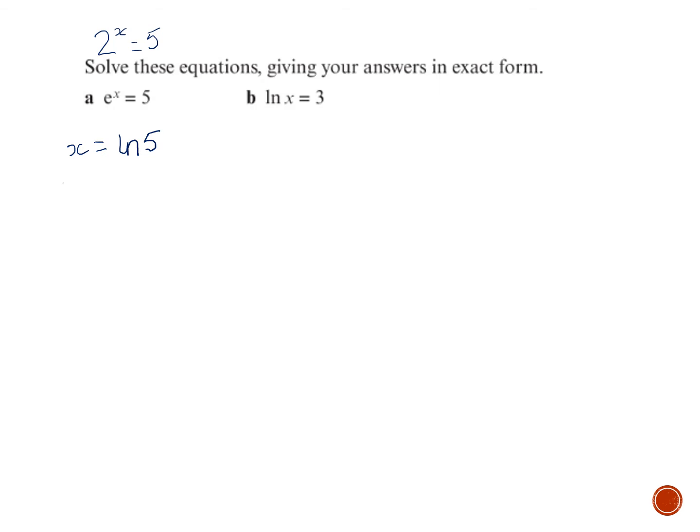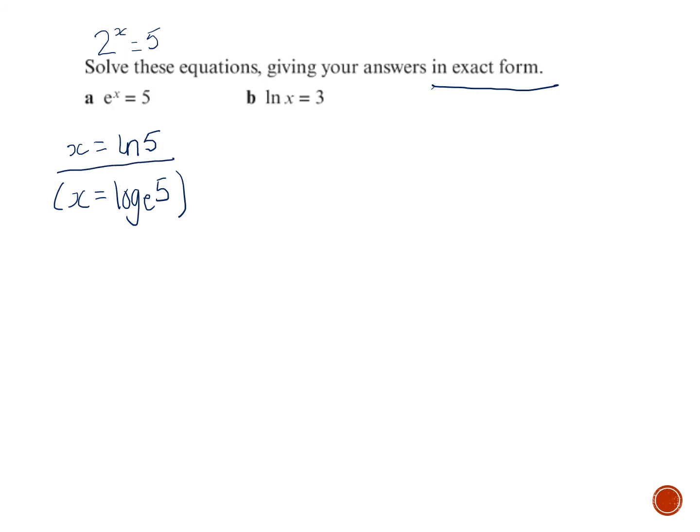Remember that's exactly the same as x equals log to the base e of 5, but because exponential growth and decay with e as its base happens so much, it has its own special notation, ln 5, and you can put that in your calculator. Let me quickly put that in my calculator now, and it comes out as 1.609, blah blah blah. But when we want to leave things in exact form, we will leave our answers as ln of something.